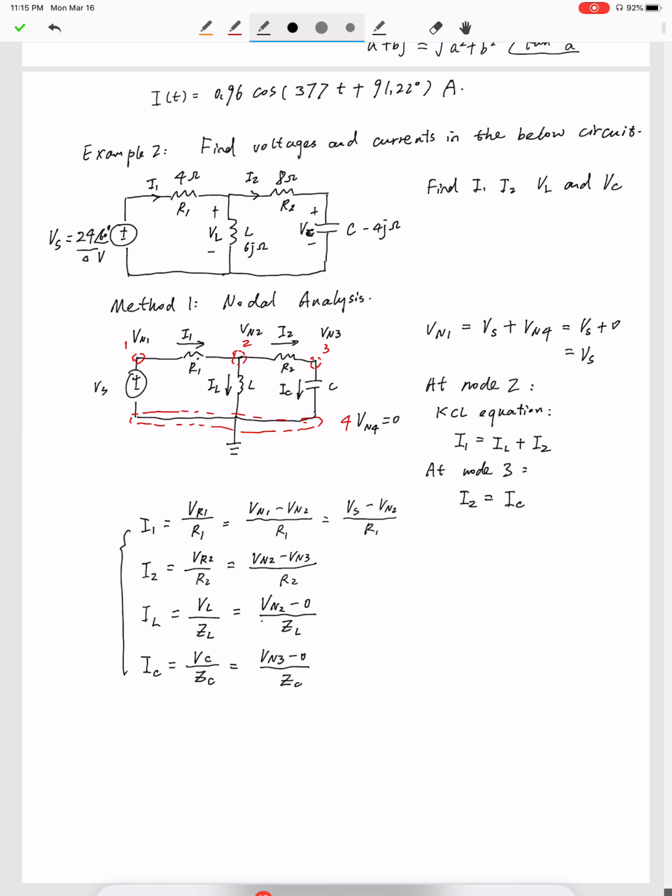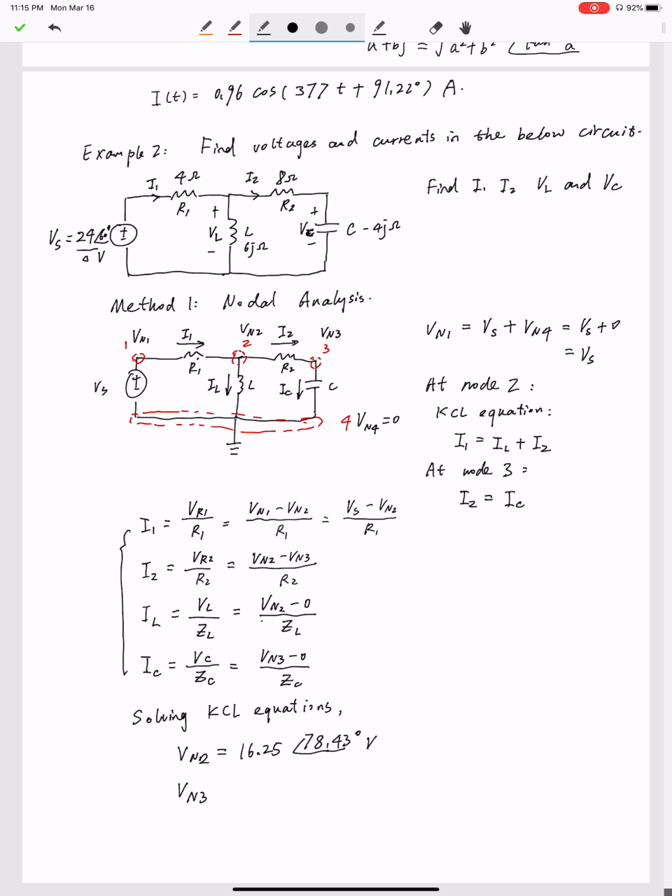So by solving the KCL equations, we find Vn2 equals 16.25, the phase angle is 78.43 degrees. Unit is volt.